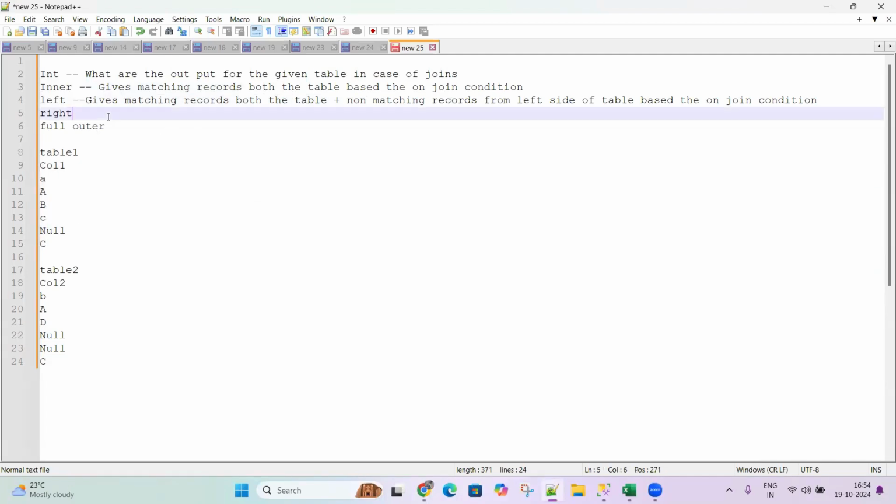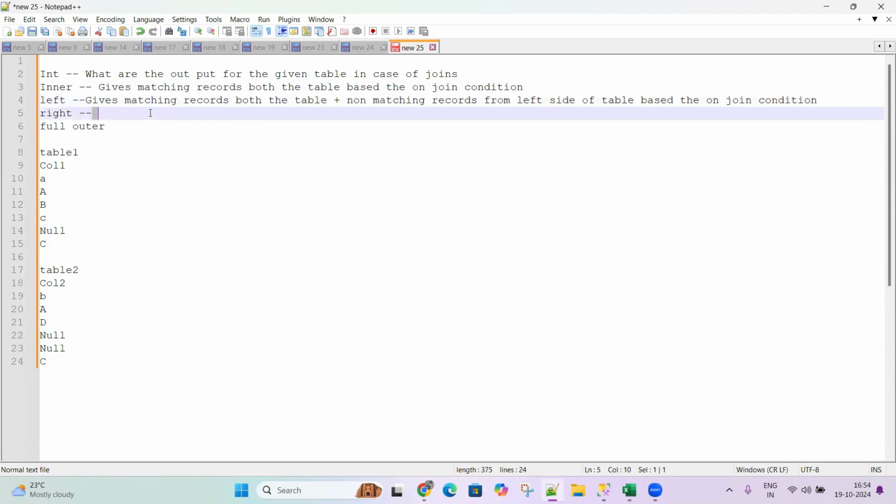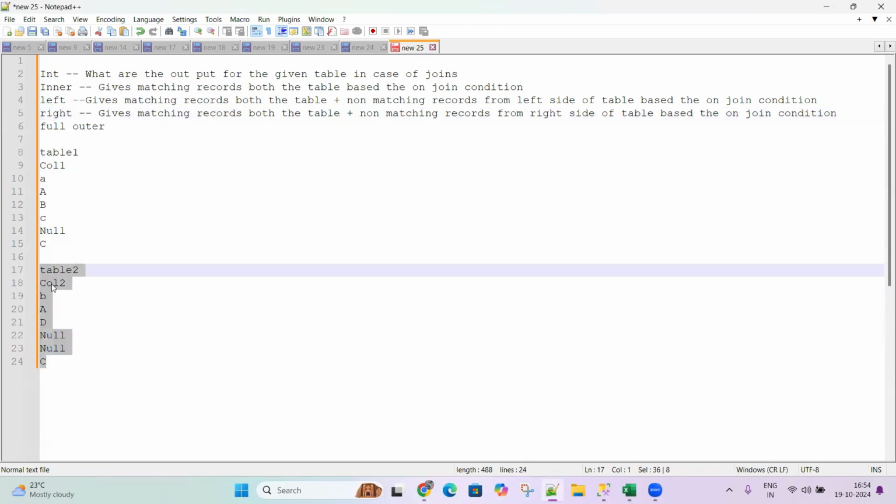In the same way, the right join is the same as a left outer join. The only thing that changes is the side of the table. It first gives the matching records from both the tables and the non-matching records from the right side of the table. Taking table one and table two, it gets all the matching records, and for the right side of the table, it gives the non-matching records.